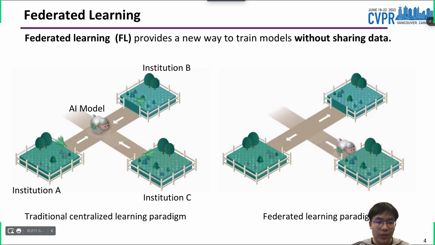Compared with the traditional centralized learning paradigm, where each institution may need to share the data and the model will use all the data together to train, in the federated learning paradigm there is no need to share data. Instead, the model parameters will be transferred or shared across clients, but the data will be kept locally.